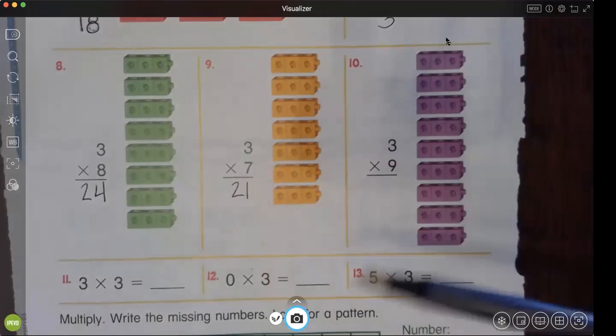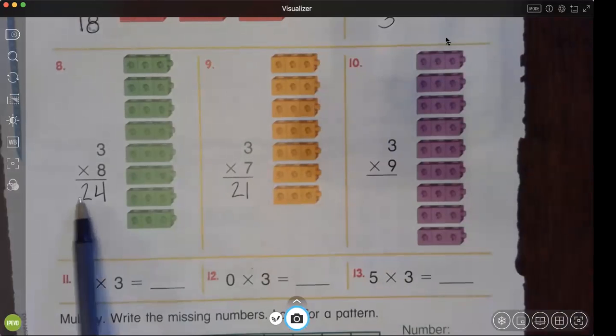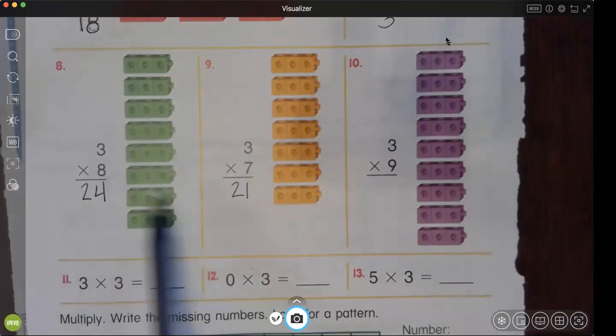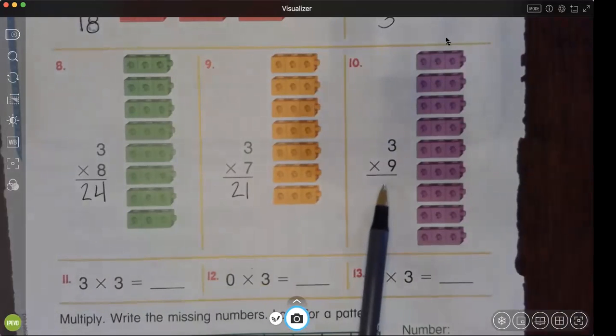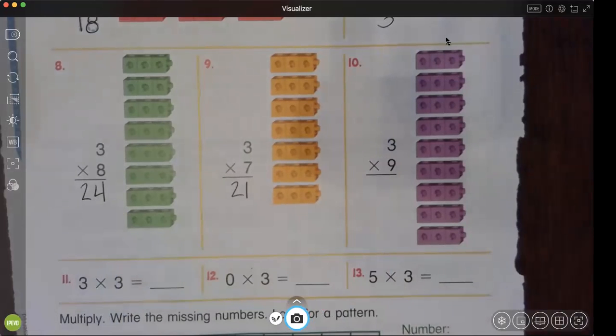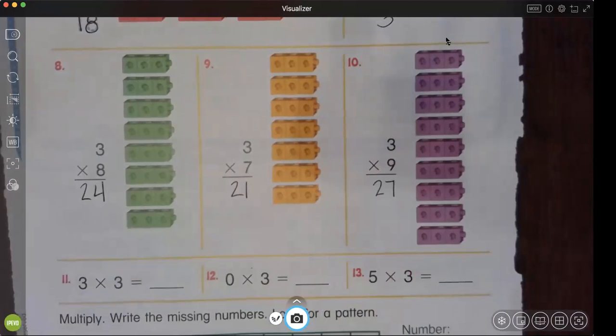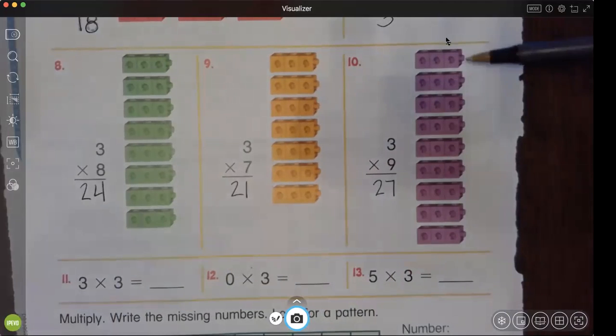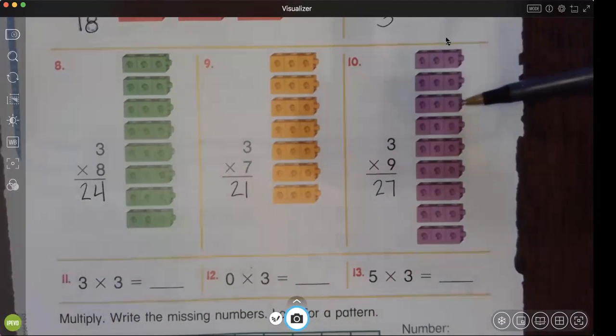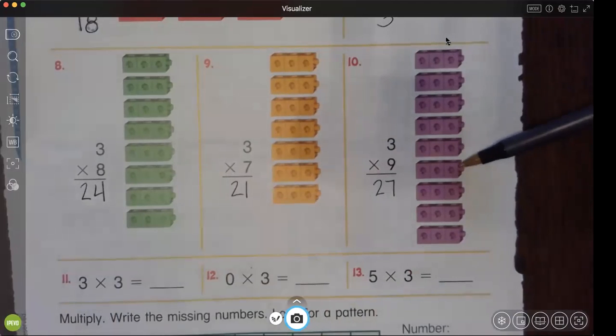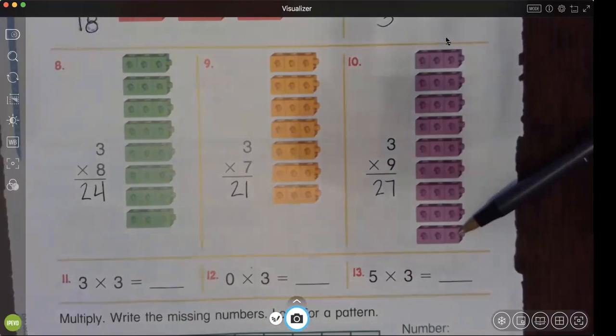Okay? And now if this one is 24, this is 3 less. We have 21. This one is 3 more, so it should be 27. But let's count and make sure we're right. 3, 6, 9, 12, 15, 18, 21, 24, 27.